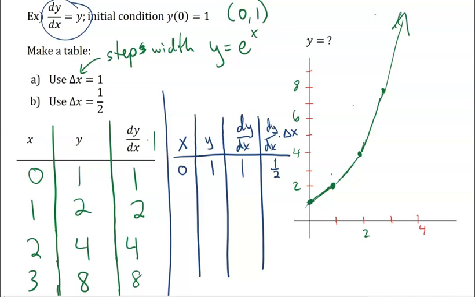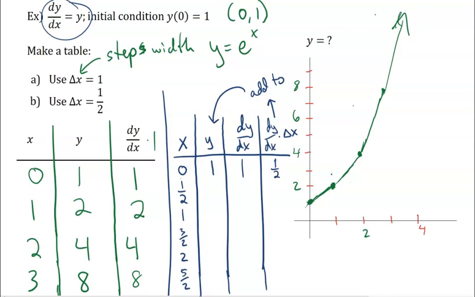Now let's go ahead and fill this in. We're counting by halves: 1/2, 1, 3 halves, 2, 5 halves. That's probably far enough. So I'm going to add this to the y to get the new y value.